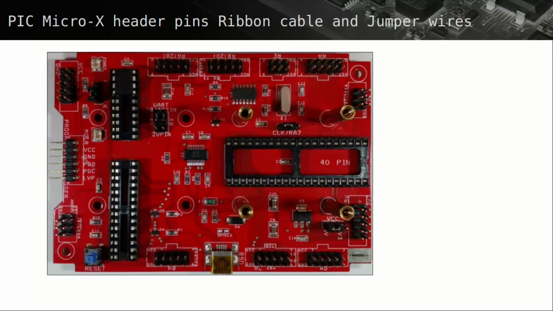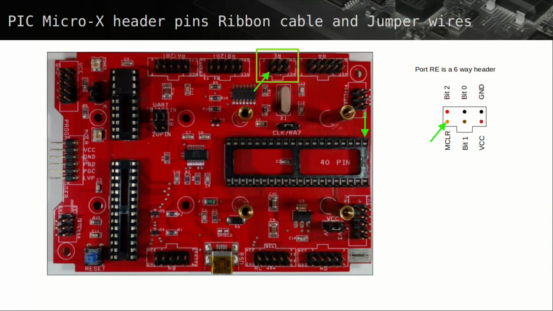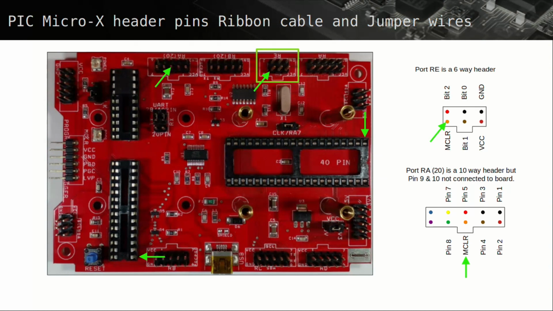The main board header, RE, is a 6-way header, using the same pin configuration as the 10-way up to the 6th pin. The 6th pin of header RE is connected to pin 1 of 40 and 28-pin sockets, as well as the 6th pin of header RA20 for the 20-pin socket on pin 4, and pin 1 of the programming and debugging connector.